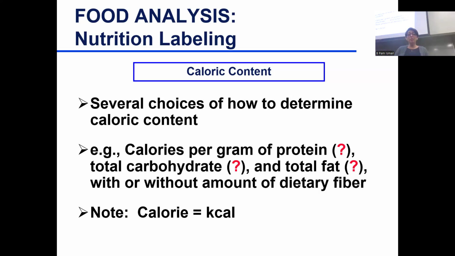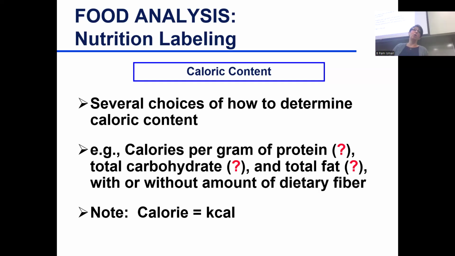add it up. And often, if you have a high percent of dietary fiber, you don't want to include the dietary fiber because it is not digested and doesn't amount to calories, really. So you add up those main components of food and calculate the calories.